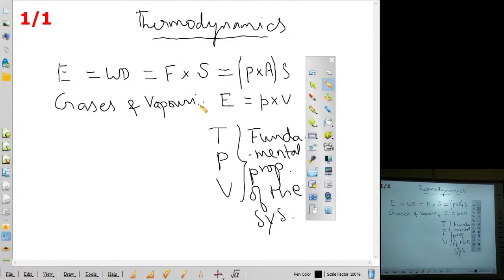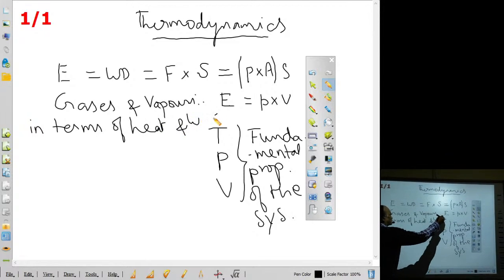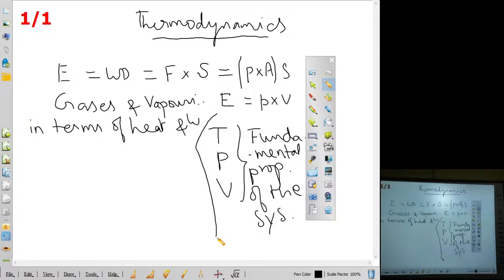Its conversion in terms of heat and work. So how it is getting converted, these details, in terms of heat and work, and the relationship with the various properties of the system.